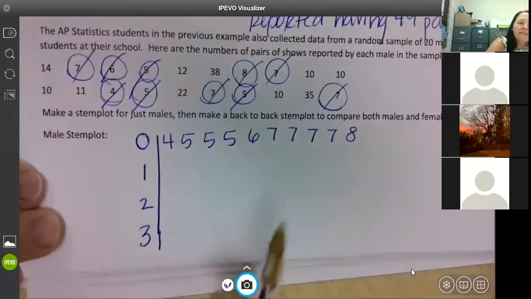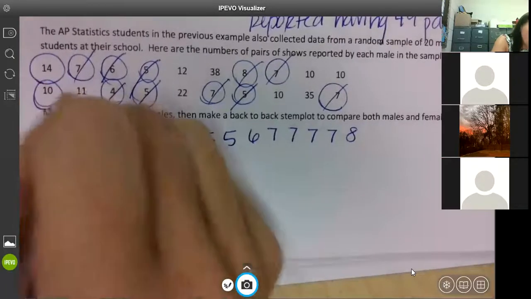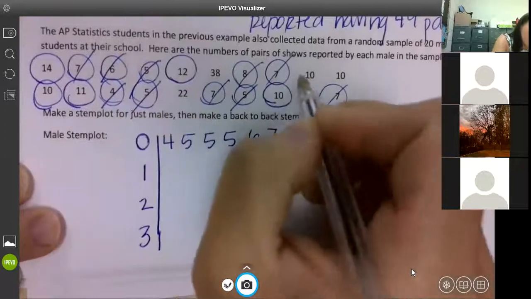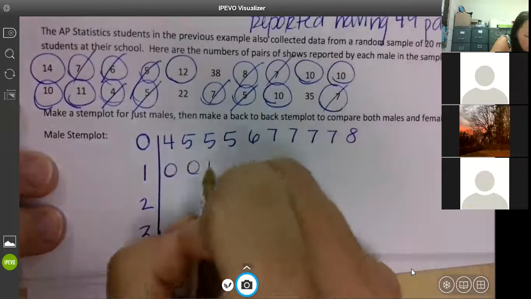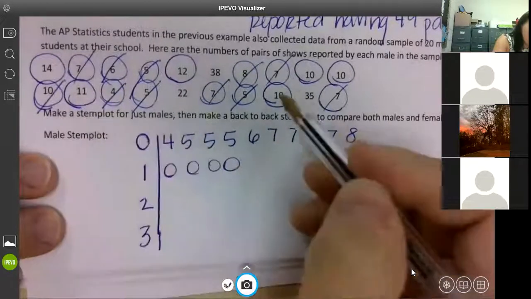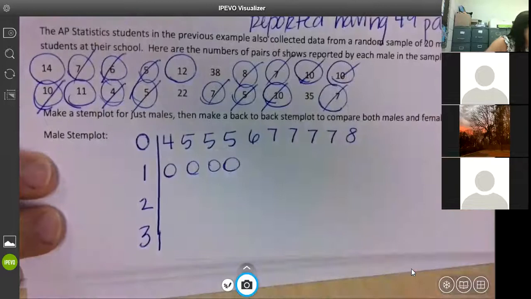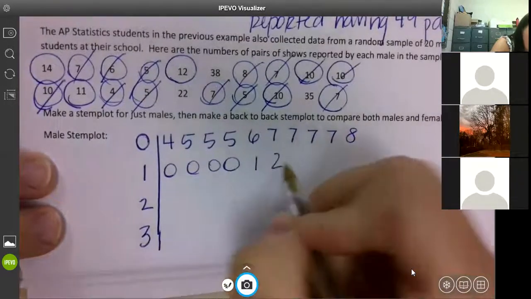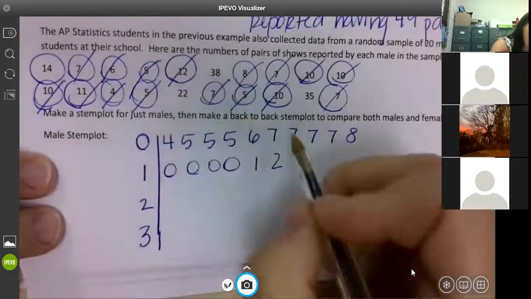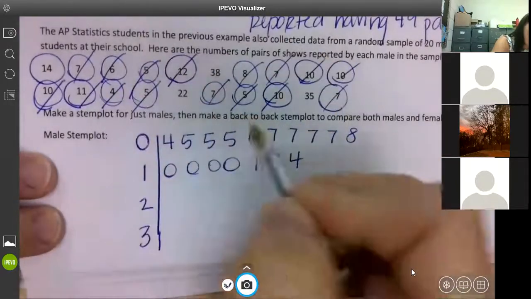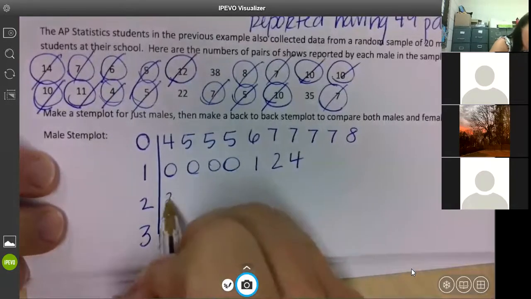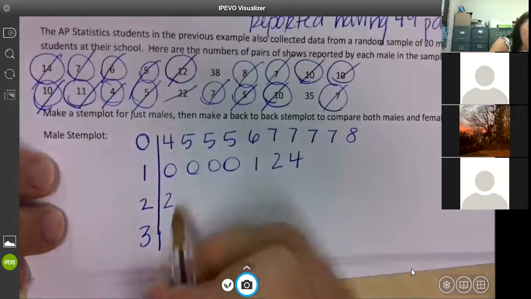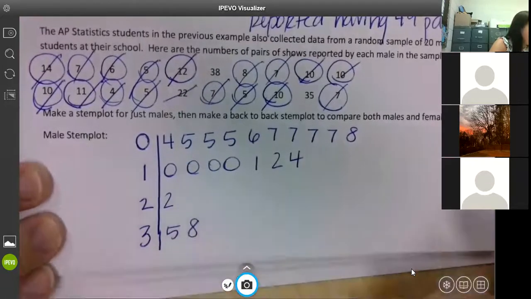Then the ones in the teens are right here. We have 4 10s, so we need to write 4 zeros. We have an 11, a 12, and a 14. In the 20s, we just have 22, and in the 30s, we have 35 and 38.